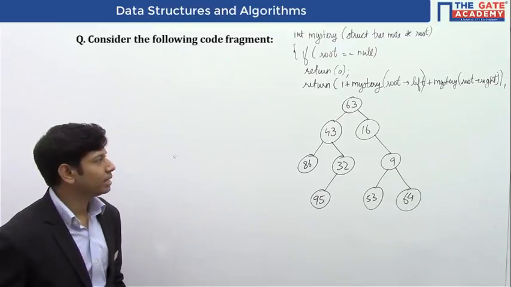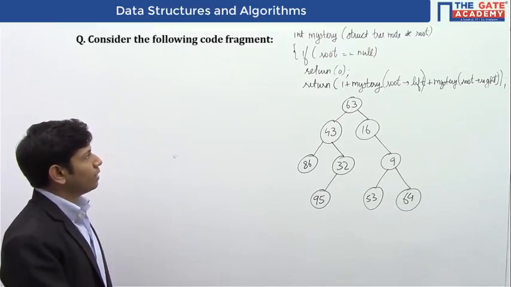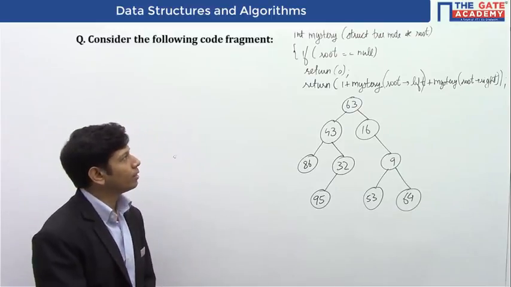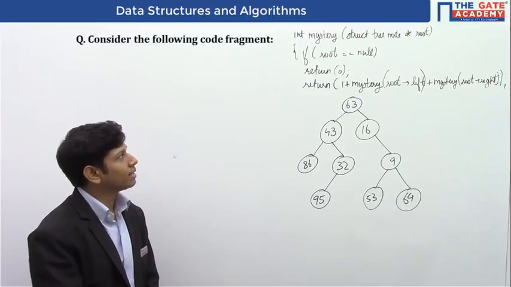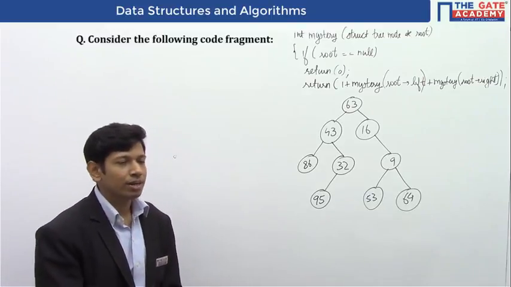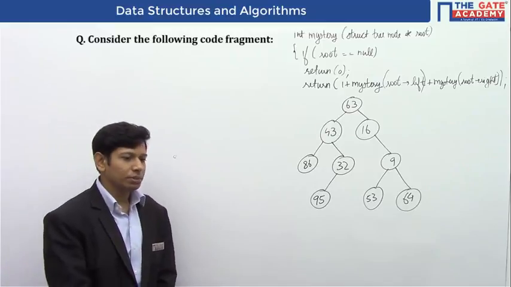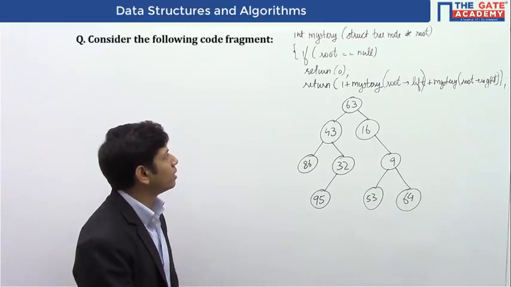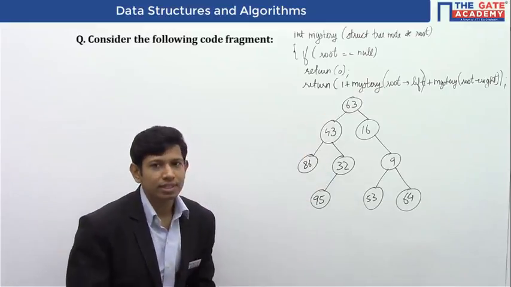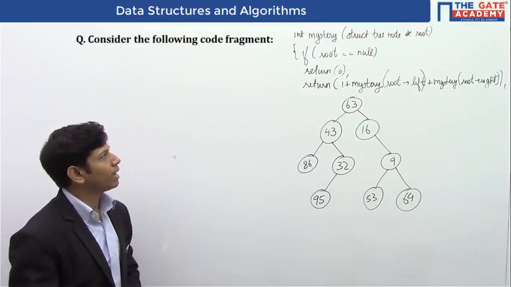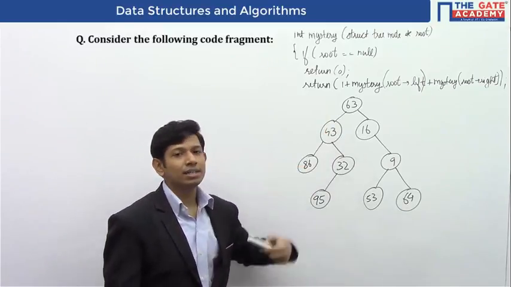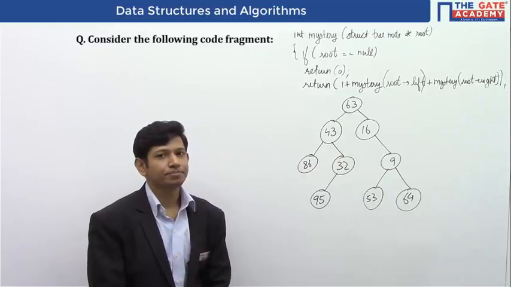As we can see in this code, first we have been supplied with a pointer called root. Root is a pointer of type tree node; tree node is a structure and root is a pointer of that type. So we have obtained the pointer to the root of this given tree. That means we are starting this code at this node, node 63.